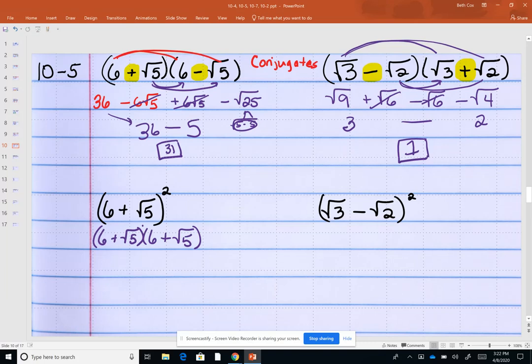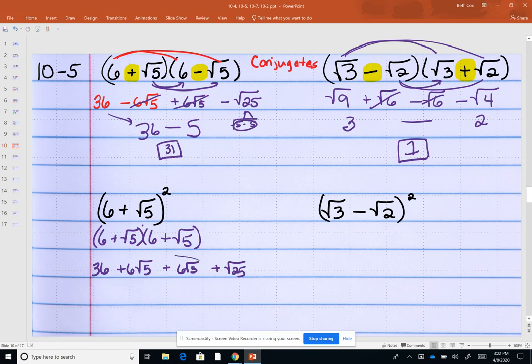That's what that little 2 means. It means write it twice and multiply it out. So this one's going to be 36 plus 6 square roots of 5 plus another 6 square roots of 5 plus the square root of 25.